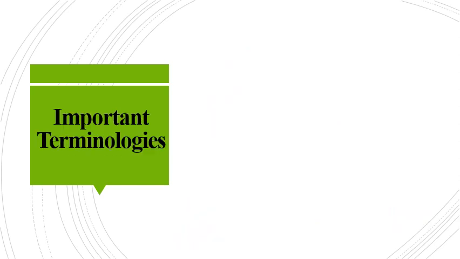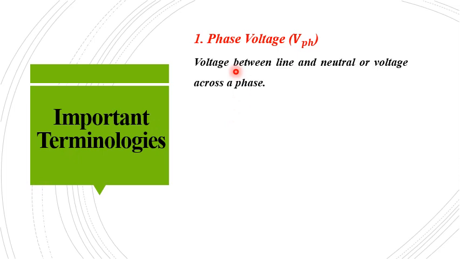Now let's see some of the important terminologies associated with voltage and current that we will be frequently using in a three-phase system. The first one is the phase voltage, which is usually denoted as VPH. Phase voltage is the voltage across a single phase.